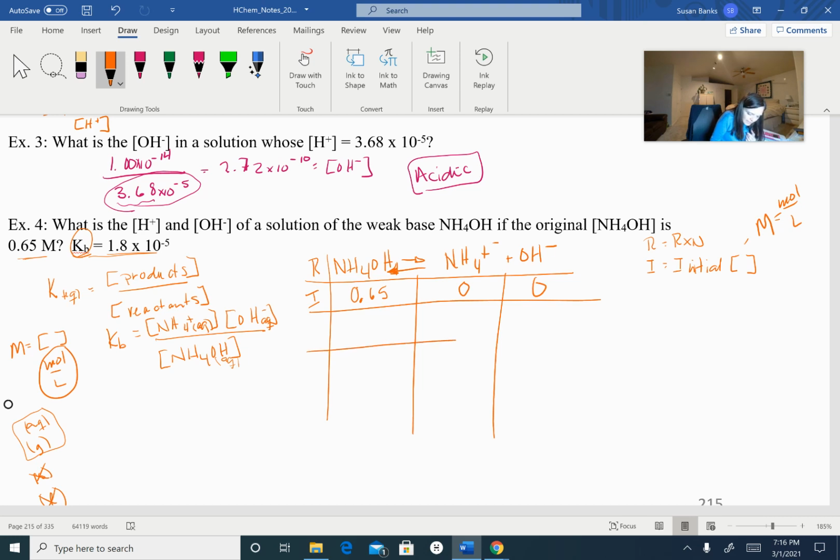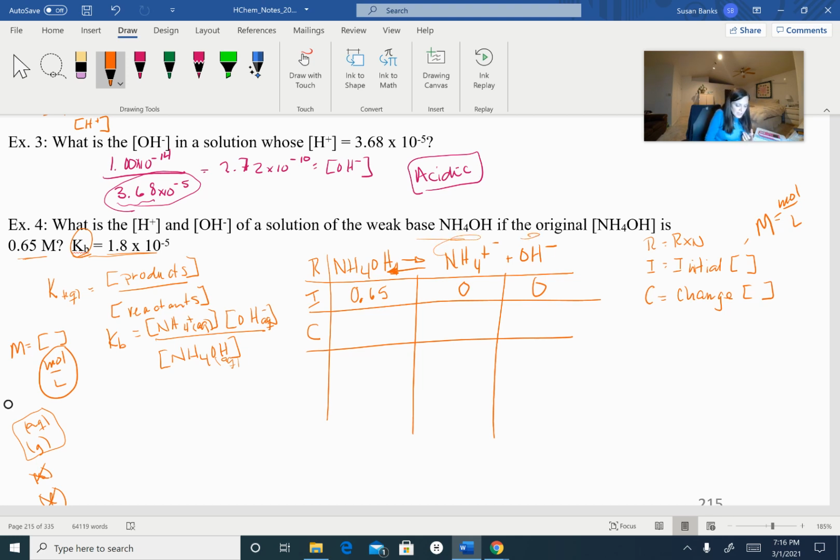Then the next line is change. So C is our change in the concentration, okay? So if I start out with just ammonium hydroxide, that reaction, once it gets to equilibrium, has to produce some ammonium, and it has to produce some hydroxide ion. Would you say so? So we are at least going to produce some of this and some of this.